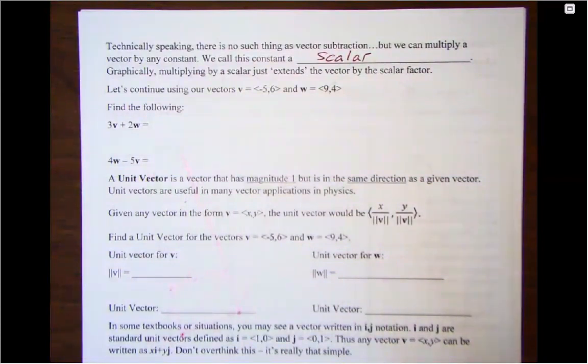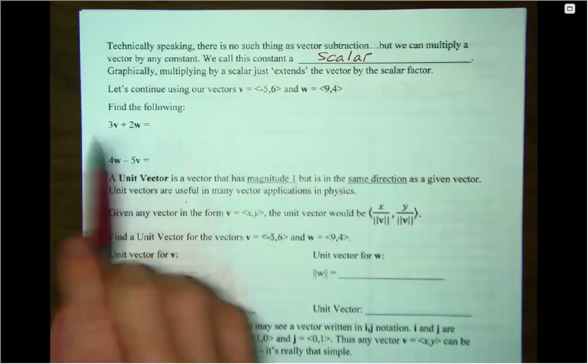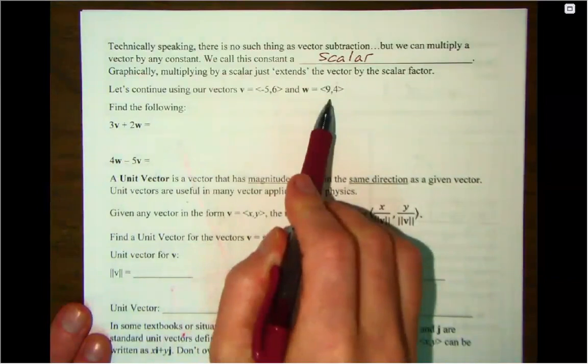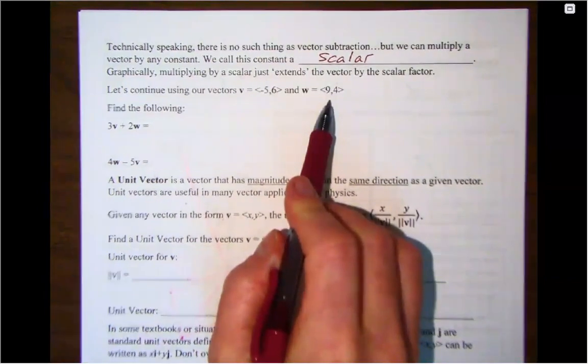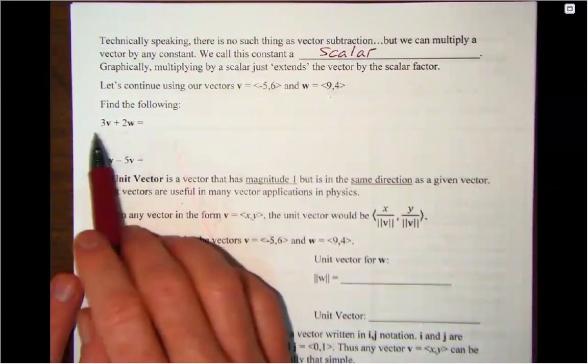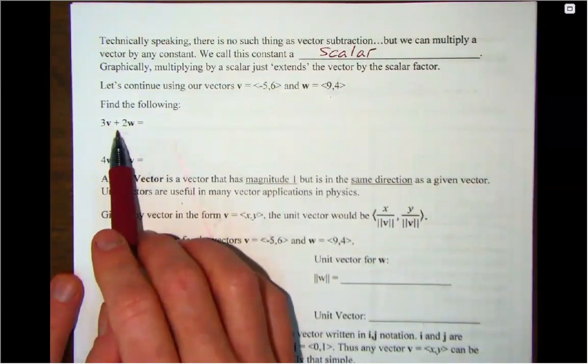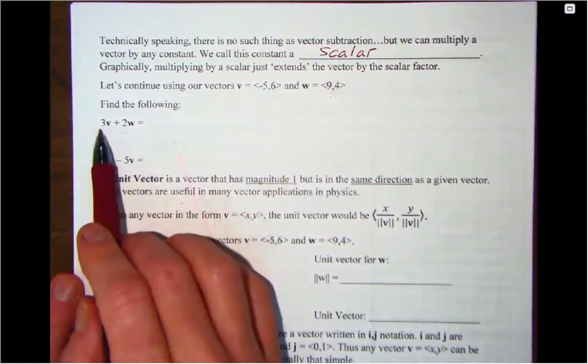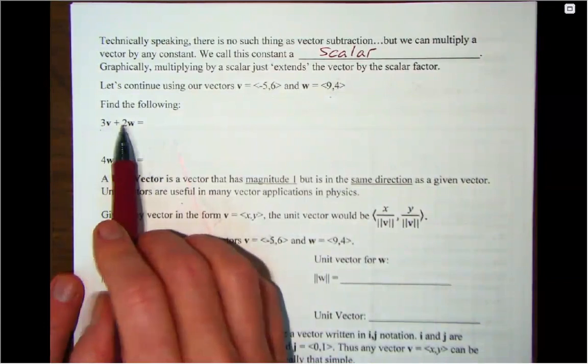But algebraically, now we can do problems like this. I'm going to use the same vectors I've been using for the last day and a half, -5, 6, and 9, 4. Now I can do a problem like 3v plus 2w, where the 3 is a scalar and the 2 is a scalar.